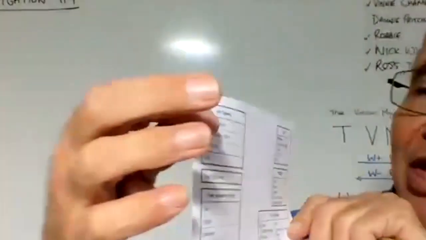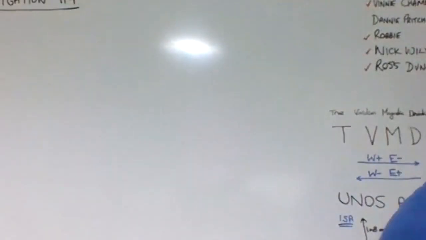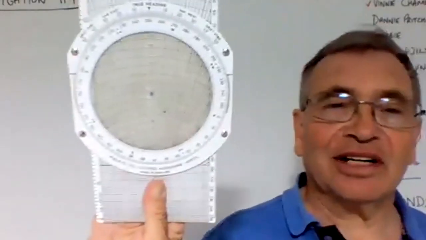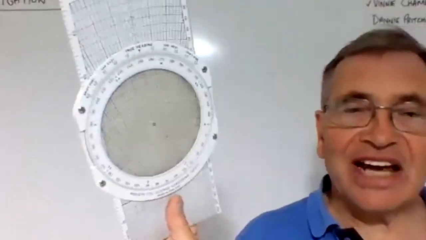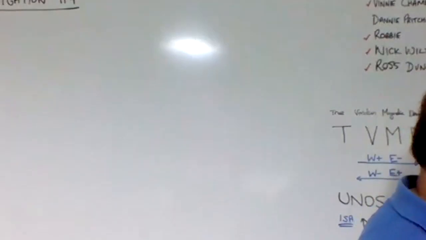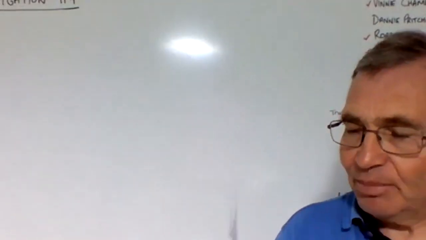We've talked about how to fill in the airspeed to work out what your ground speed is, what your true airspeed is. We've talked about how we use the whiz wheel to find out our ground speed based on the wind, and what our heading's going to be to fly the desired track.